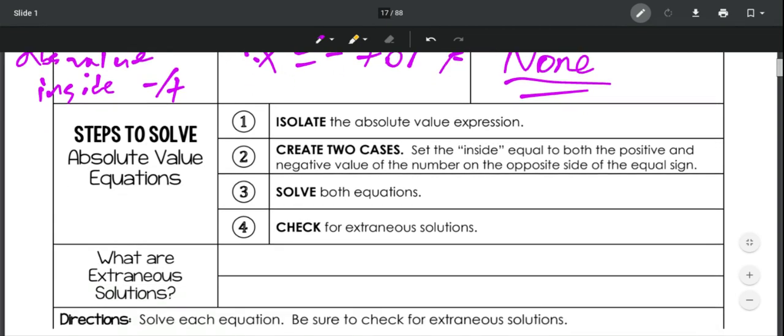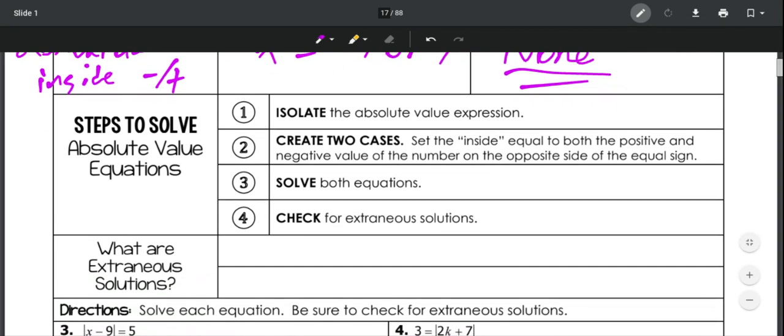So just like with solving equations, we have steps to solve absolute value equations. First step is going to be isolate the absolute value expression, which means you want it to look like the absolute value of x equals something. You want this to be by itself. Now, it could be something like the absolute value of x minus 1 equals something.